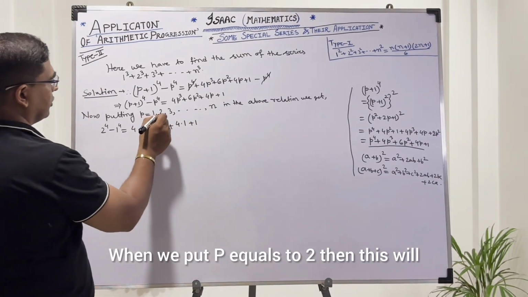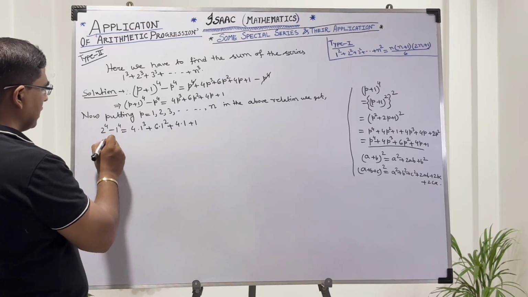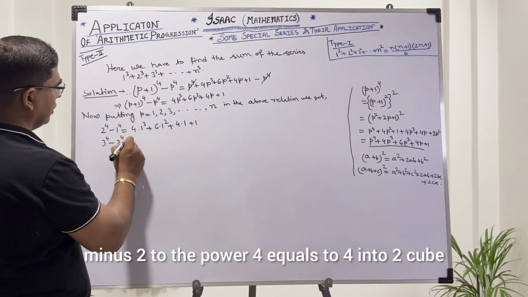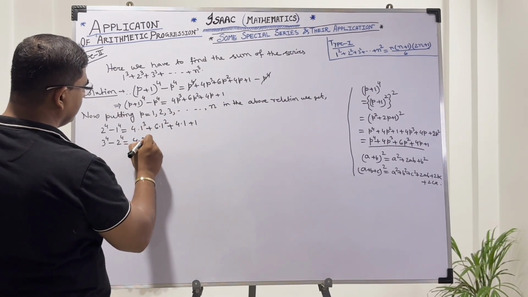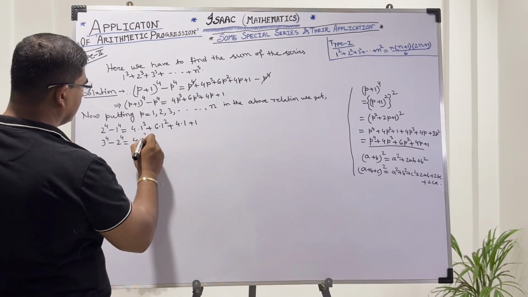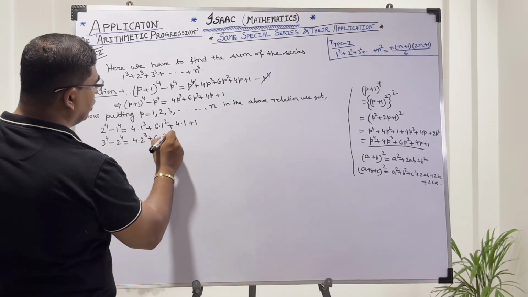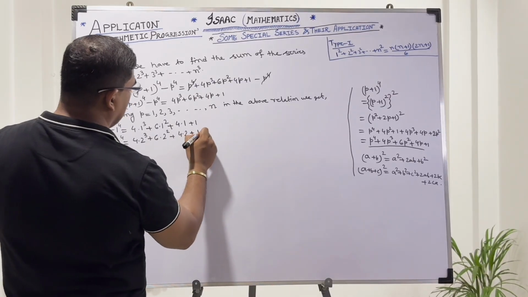When we put p equals 2, then this will give 2 plus 1, that is 3. 3^4 − 2^4 = 4 × 2^3 + 6 × 2^2 + 4 × 2 + 1.